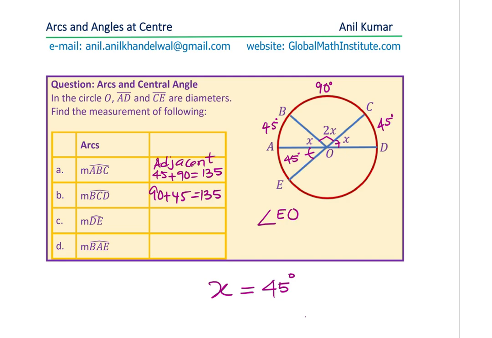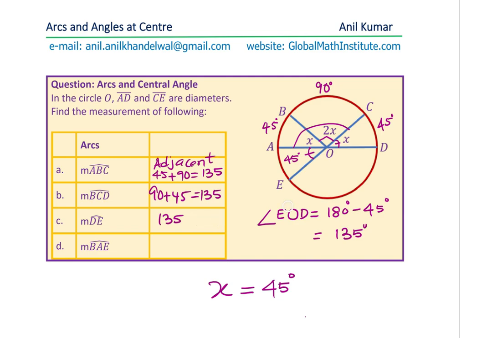Well, the measurement of angle EOD should be equal to 180 degrees minus 45 degrees, correct? Or it is the same as the measurement of this angle. You could think like this also, and as expected, it gives you 135 degrees as your answer. So this is 135 degrees as shown here.